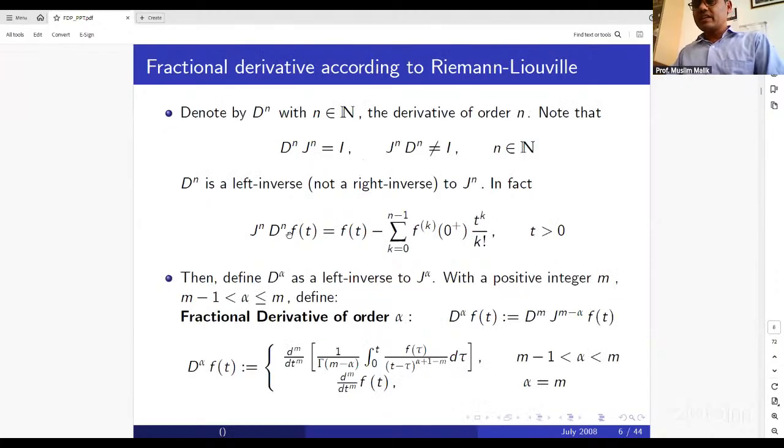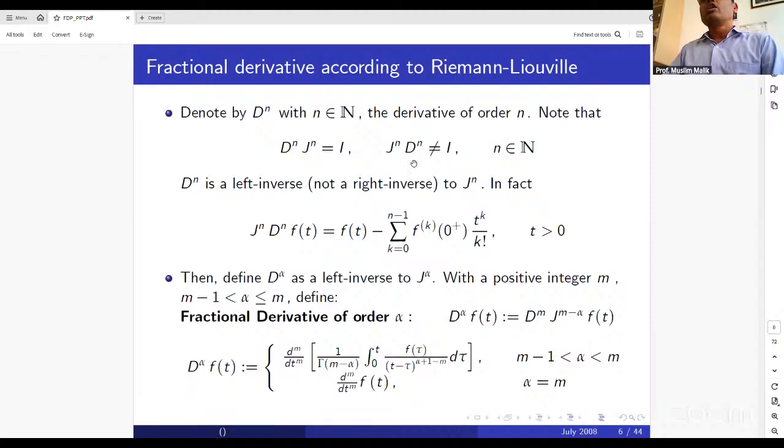Now, after defining this integral, what do we need to define? We need to define the fractional derivative, because our main motive is how to define the fractional derivative. We know that D^n means derivative of integer order and J^n means integral of integer order. J^n and D^n do not commute in general.